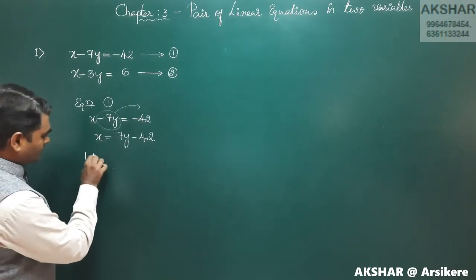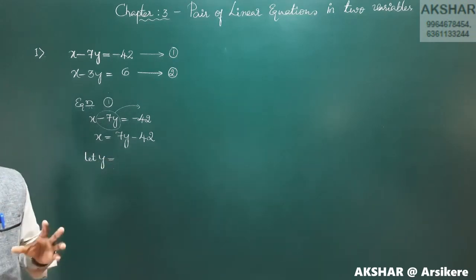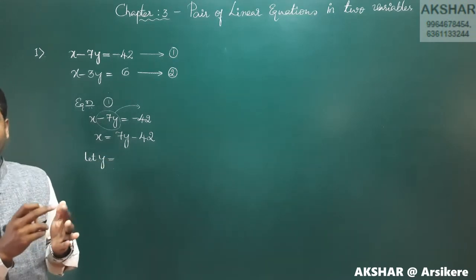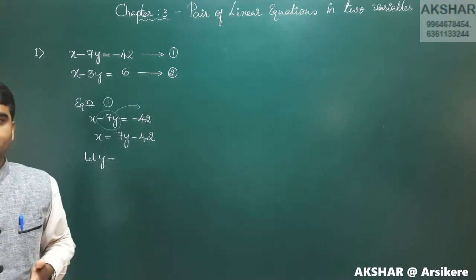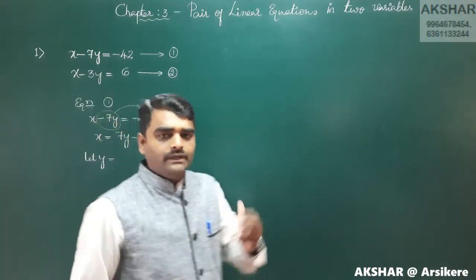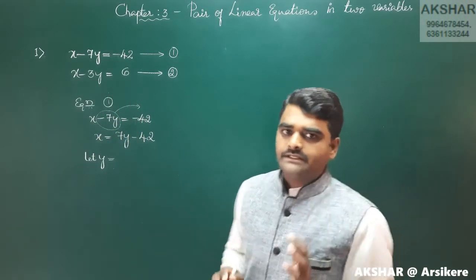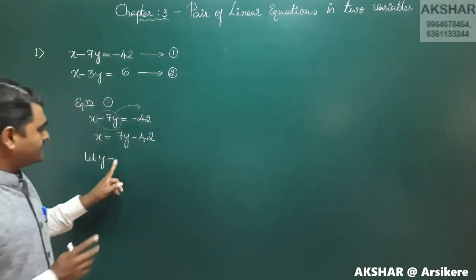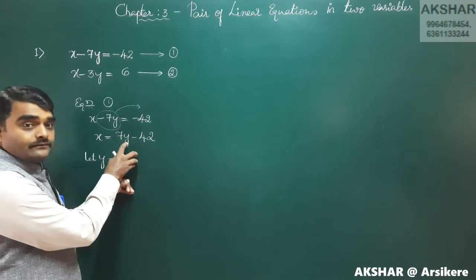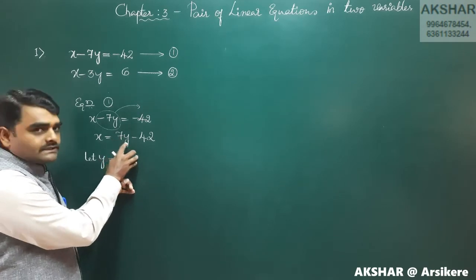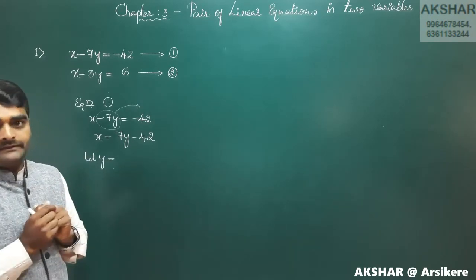Let y be equal to any value you assume, my dear children: 0, 1, 2, 3, 4, 5 or negative, minus 1, minus 2, minus 3, minus 4. You can assume any value for y. Just imagine, if you substitute 1 in the place of y, 7 ones are 7, minus 42, it will become minus 35.